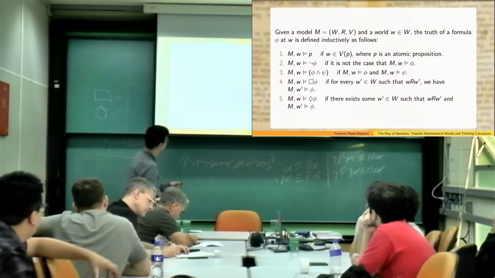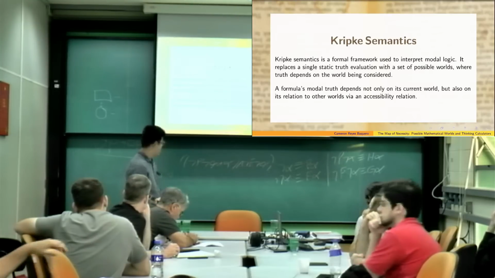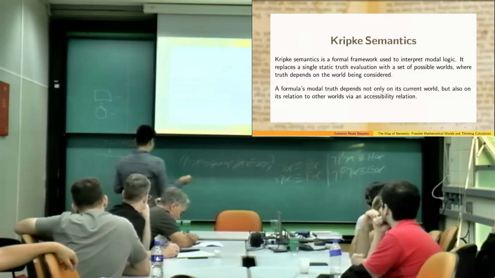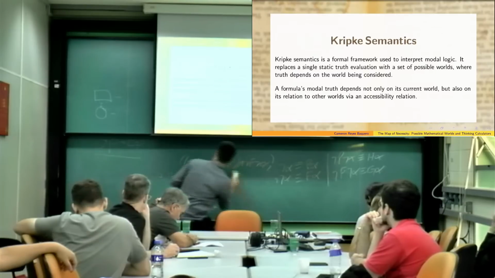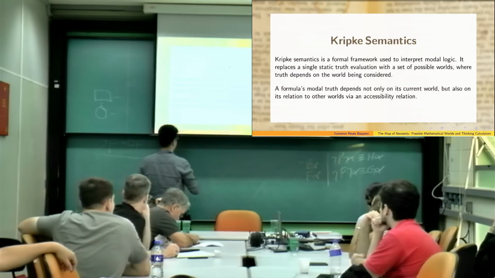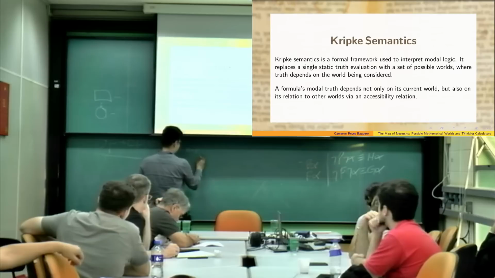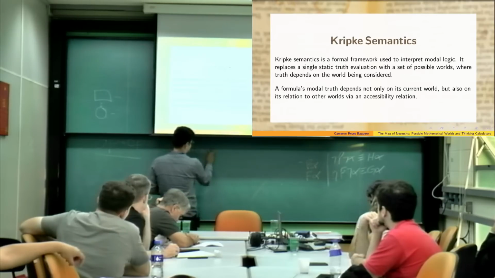Going back here, for a Kripke model, we have 3 elements. Those are a set of worlds, a binary relationship, and a function.